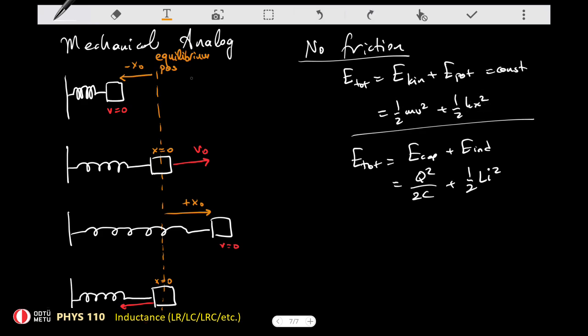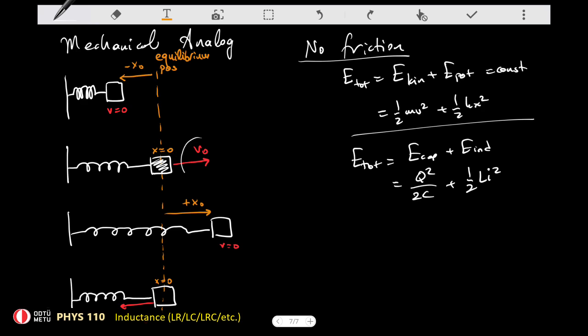We start with a situation where, for example, I compress the spring and then release it. Initially, velocity is 0, but there's displacement. That means initially there's potential energy, no kinetic energy. It cannot stay in this situation because it's going to accelerate towards the right. Eventually, it's going to pass through the equilibrium position. While it is passing through the equilibrium position, the displacement is 0, so the potential energy is 0.